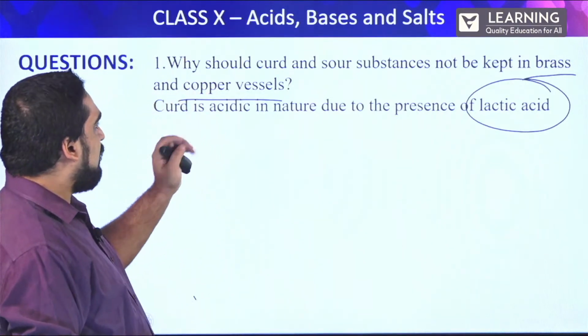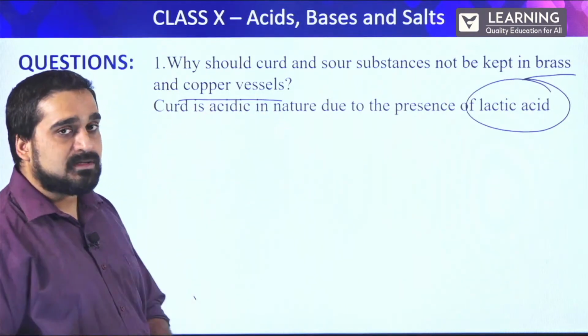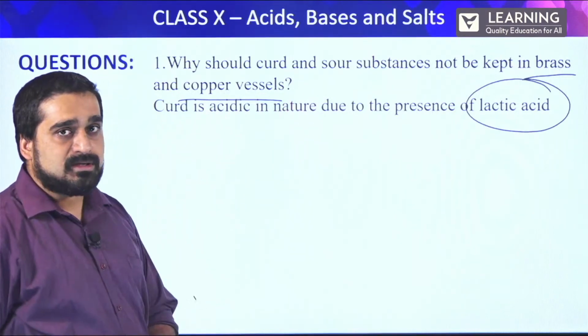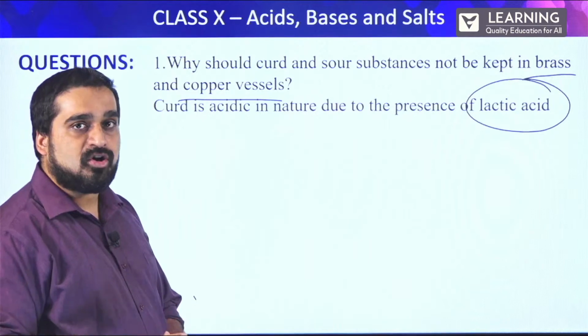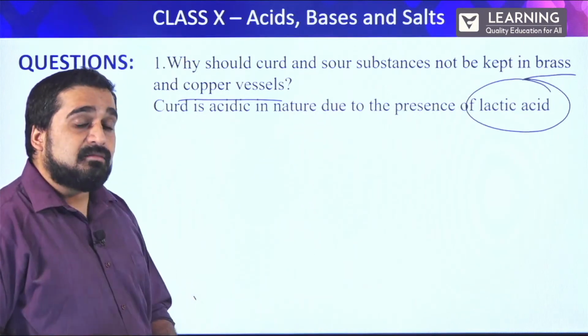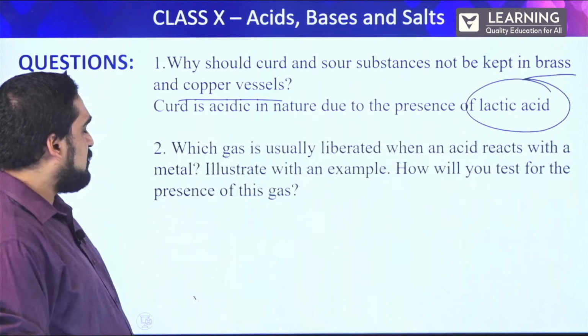Therefore, curd is not placed in a brass or a copper vessel because curd reacts with brass and copper vessels to give you salts, copper salts or salts of brass, plus a little bit of hydrogen gas that is evolved.